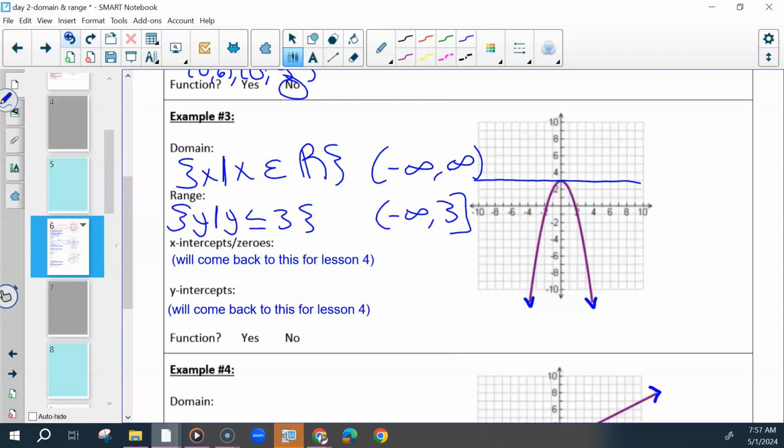What are the x-intercepts here? Yours may go through that, mine don't, but you can write that. Mine are a little off.